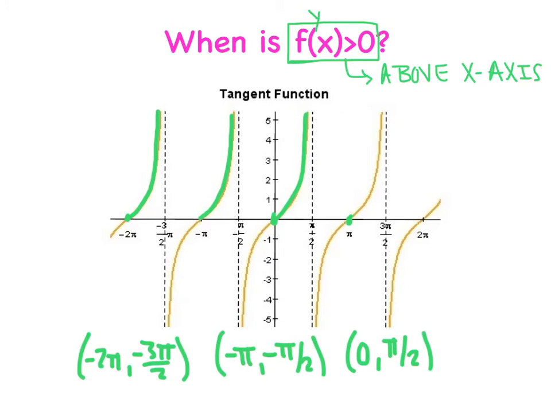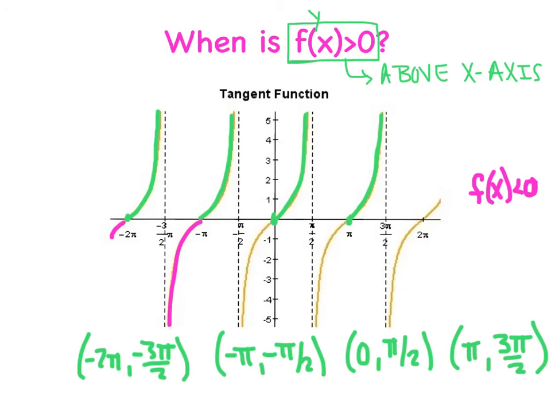Then we'll go from pi to 3 pi over 2. And I think that covers all 4 of my mini intervals where the graph is above the x-axis. Of course, if they turned it around and asked, when is f of x less than 0, we'd be focusing on the parts that are below, and we'd do these little rascals right here.